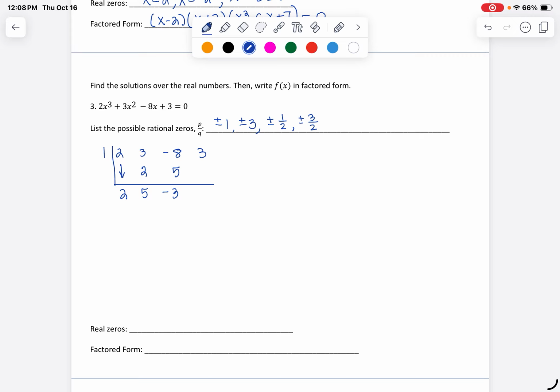Add, that's -3. Multiply, that's -3. Add, that's 0. All right, so that's down to a quadratic, so I can stop with this, which is awesome. So my factored form thus far is f of x equals x minus 1 times 2x squared plus 5x minus 3.